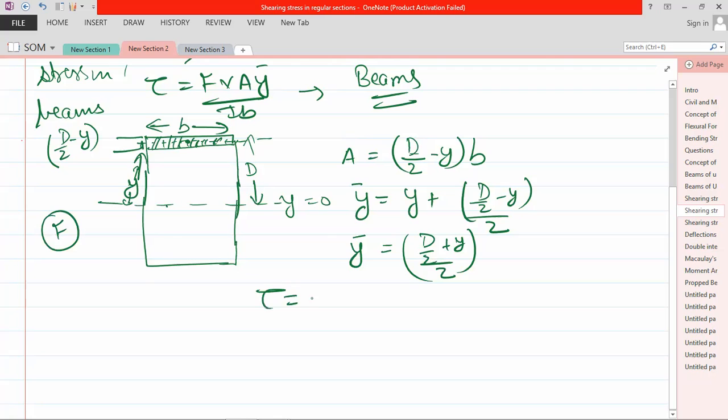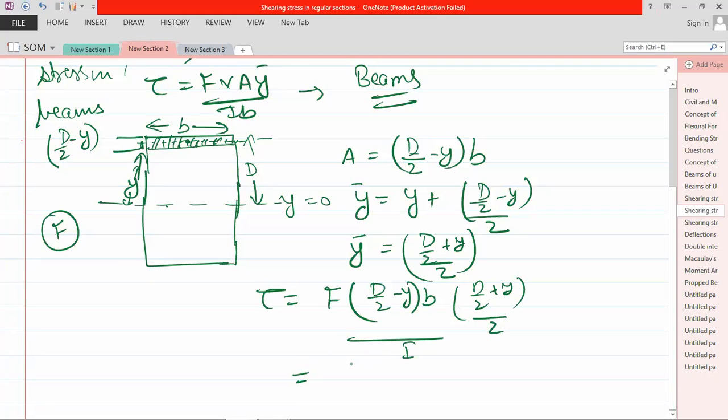So shear stress will be F into area, which is d by 2 minus y times b, into y bar, that is d by 2 plus y by 2, upon I. That is equal to F by 2I into d square by 4 minus y square.